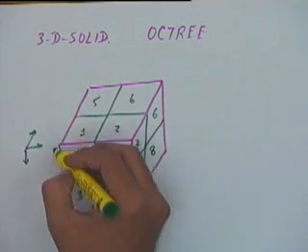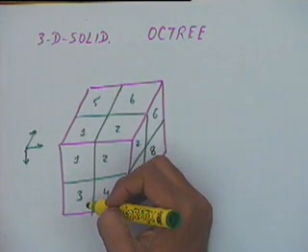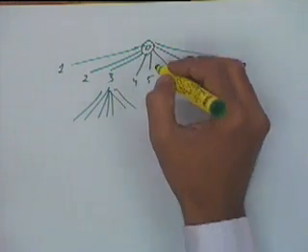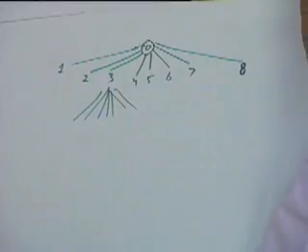So we get 2 cubed, that is 8 parts of a cube, and similarly in 2 dimensions we got 4 parts. So for a 3D object we get an octree, and this octree will have the same properties as a quad tree.